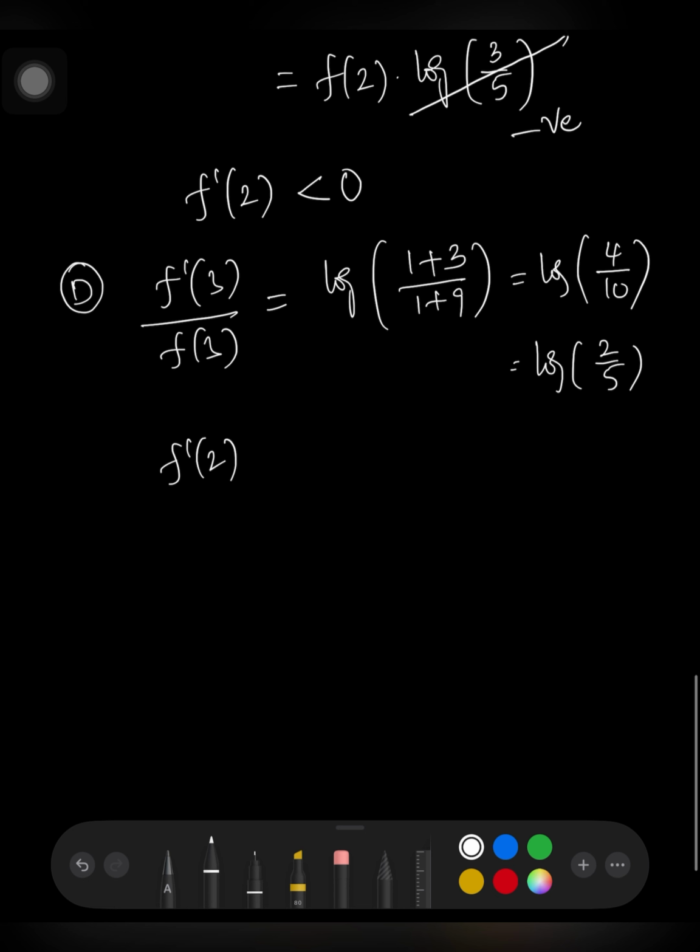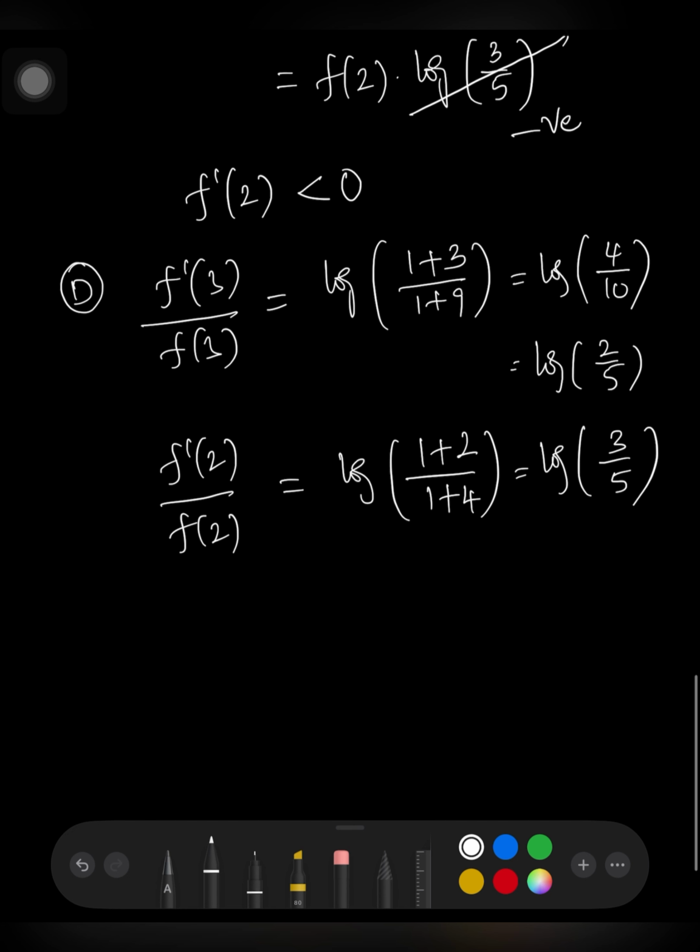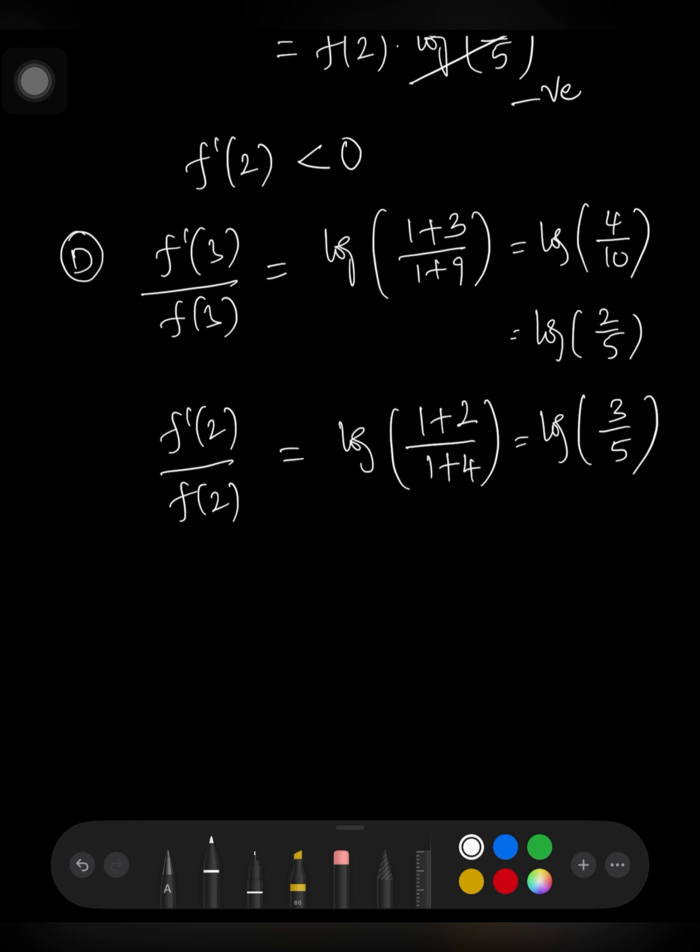And f dash of 2 by f of 2 equals log of (1 + 2) by (1 + 4), so clearly it is log of 3 by 5. Comparing these two, this one is 0.4 and this one is 0.6. So clearly log of 2 by 5 is only less than log of 3 by 5. But the given statement is that f dash of 3 by f of 3 is greater, so this one is also wrong.